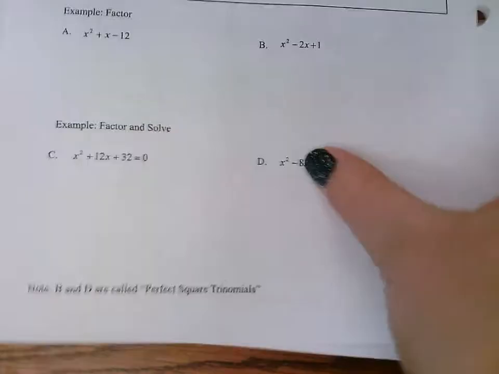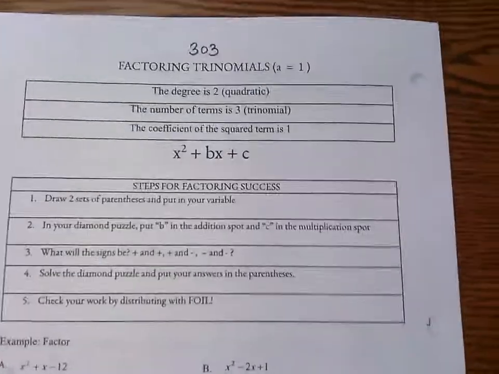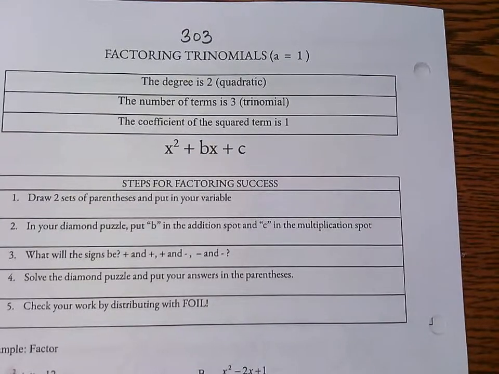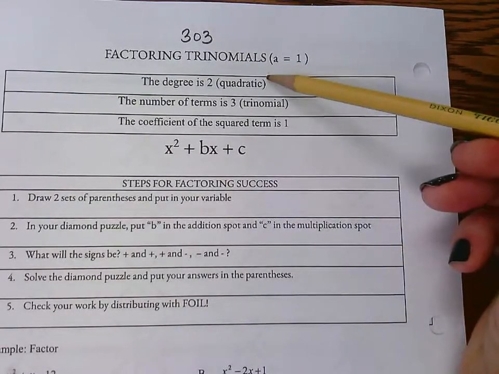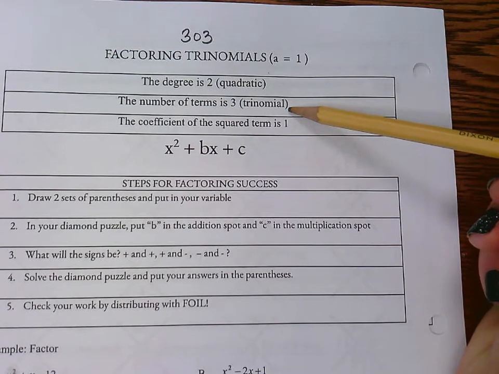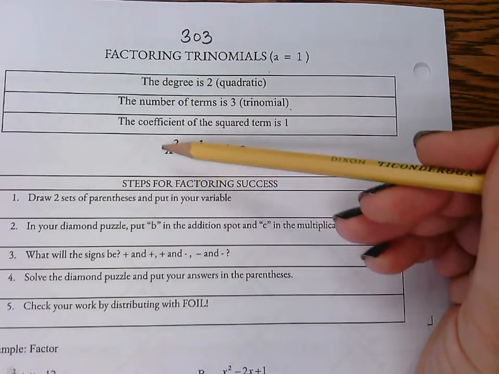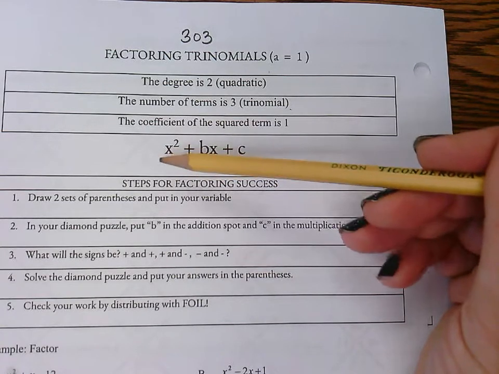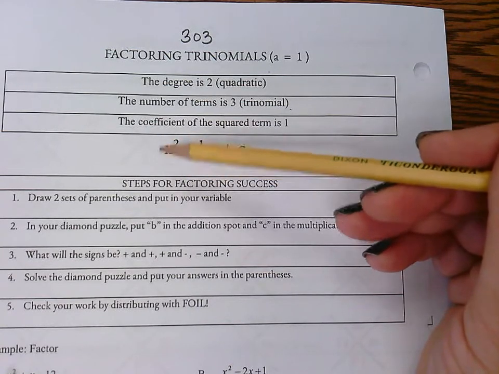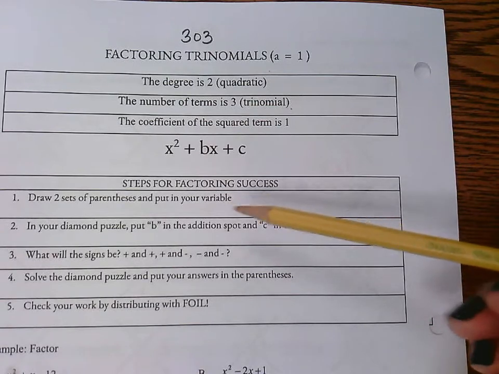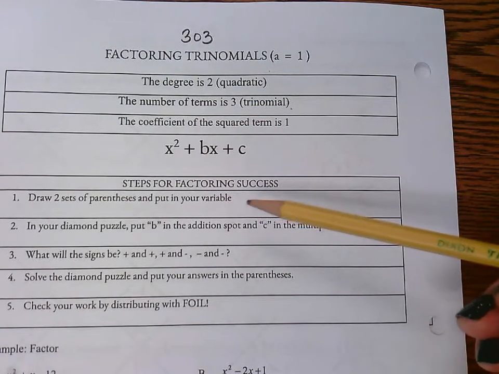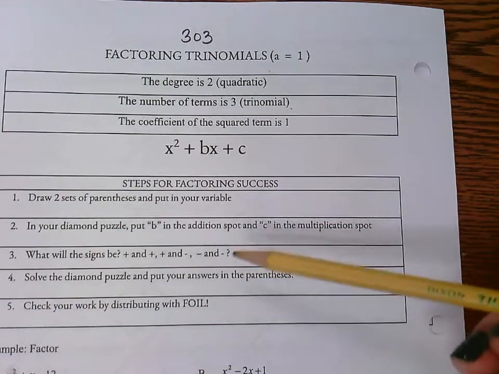Here's how you're going to use that diamond to help you. You're only going to use this strategy when you've got a quadratic that's a trinomial, 3 terms, and the leading coefficient is 1. There's another strategy for when this is no longer a 1. So we're going to draw our two sets of parentheses, put in our variable, do the diamond puzzle, and solve it.